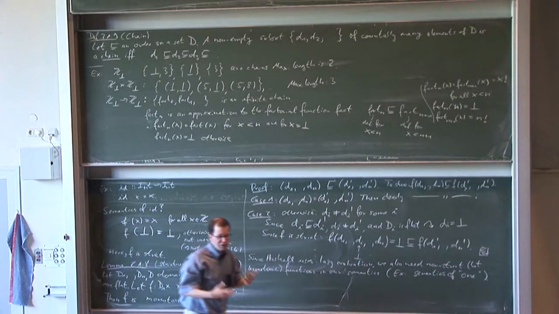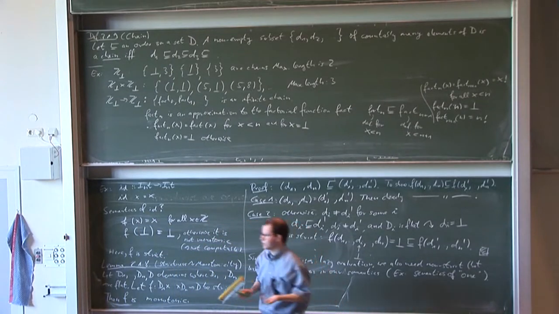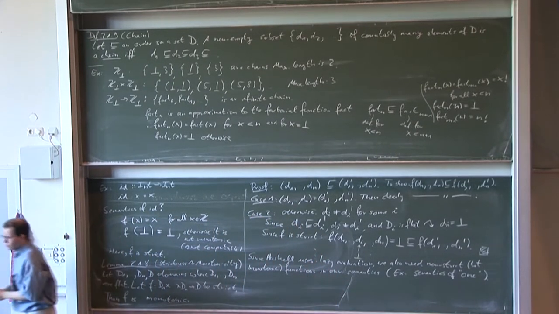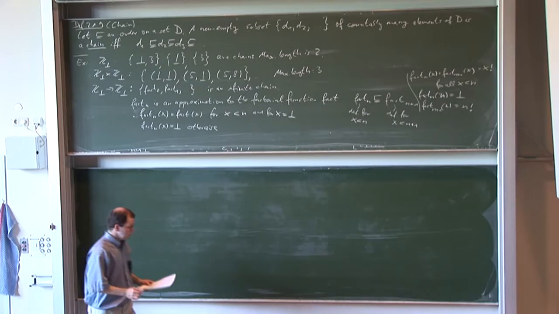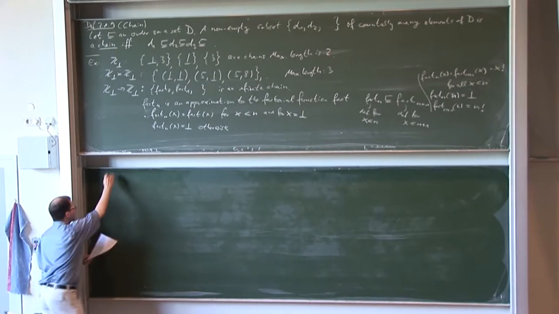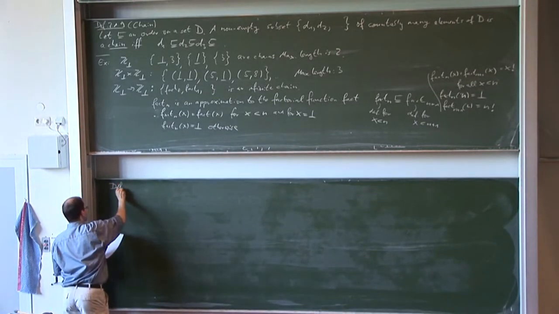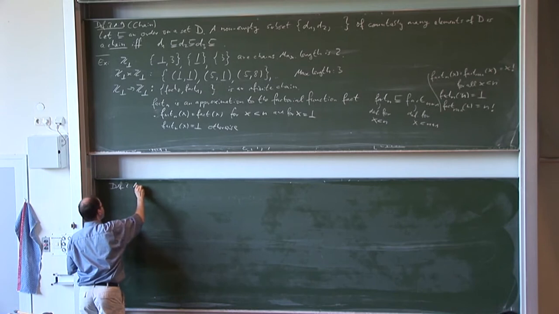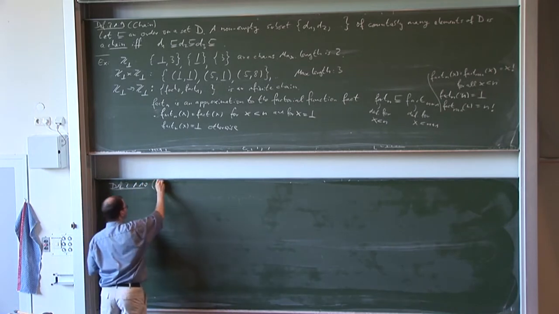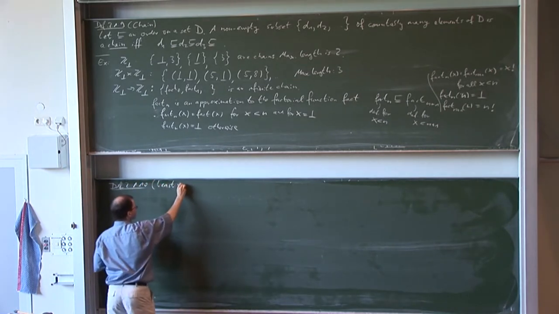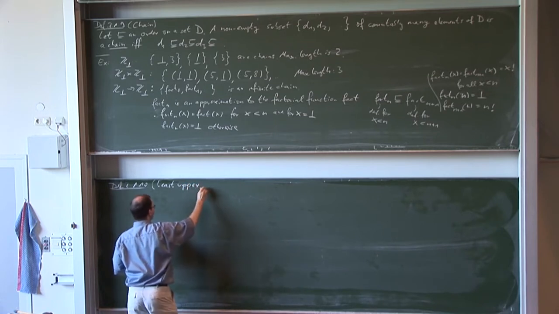And we will use these chains with these limites to define the semantics of recursive functions. So what is the least upper bound? Definition 2.1.10. So least upper bound. Kleinste obere Schranke in German.